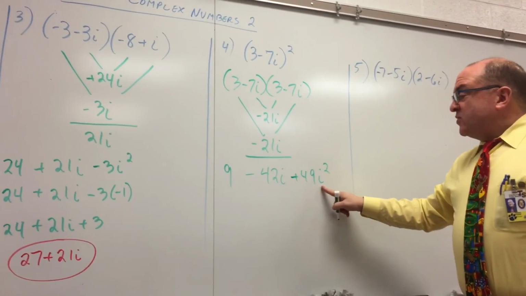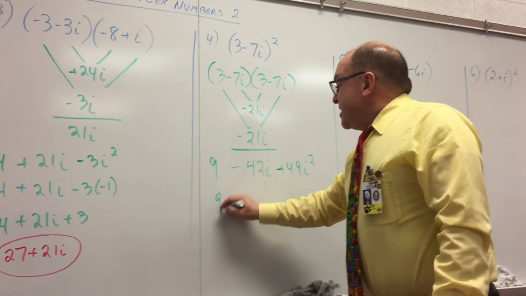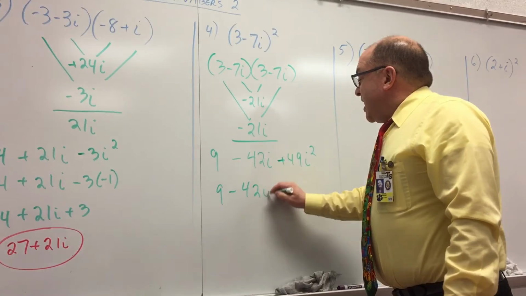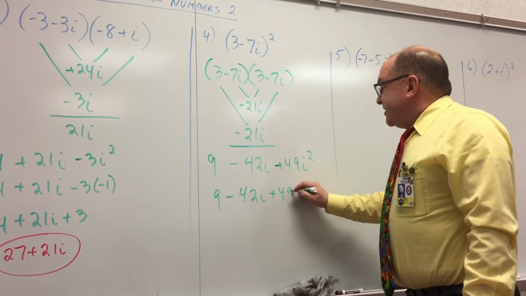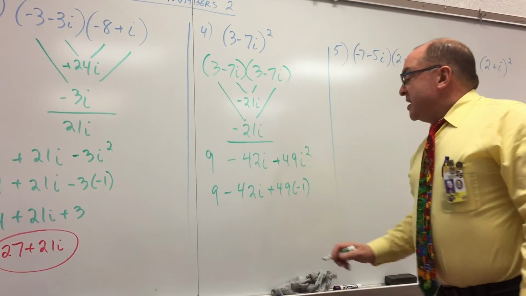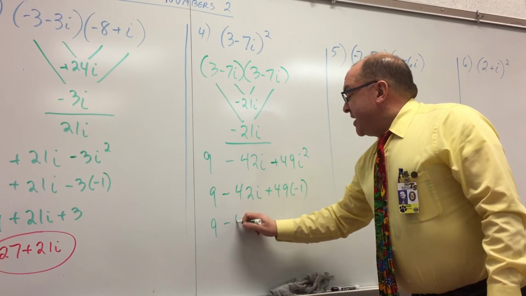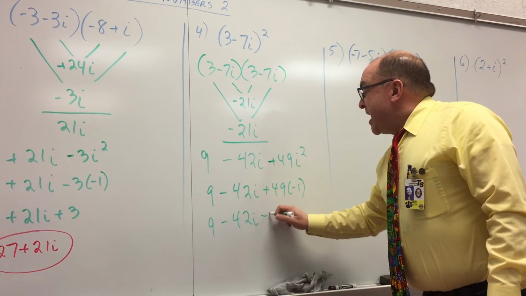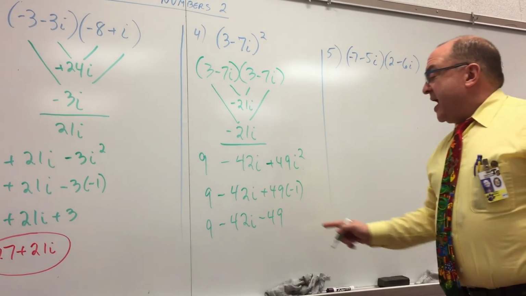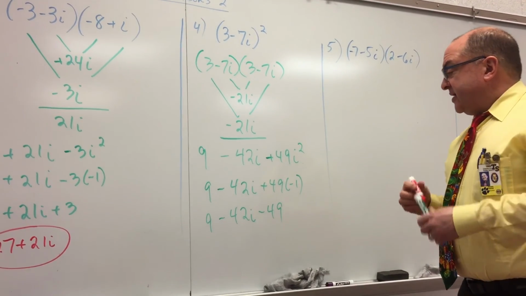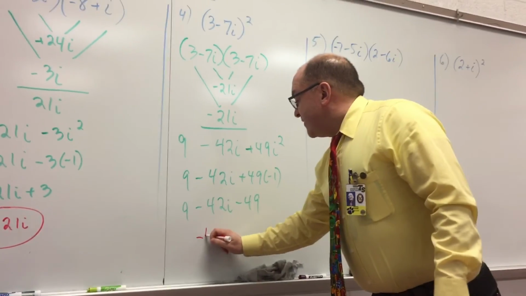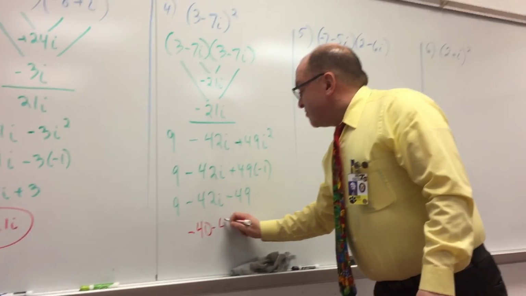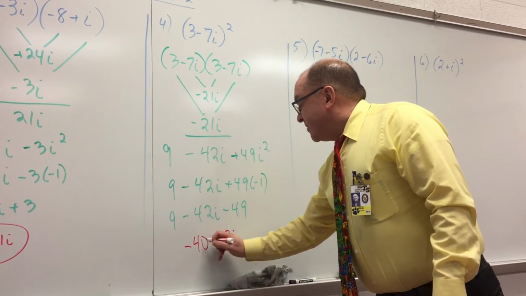But instead of i squared, I put in negative 1. 9 minus 42i plus 49 times negative 1 gives me 9 minus 42i minus 49. 9 minus 49 is negative 40 minus 42i.